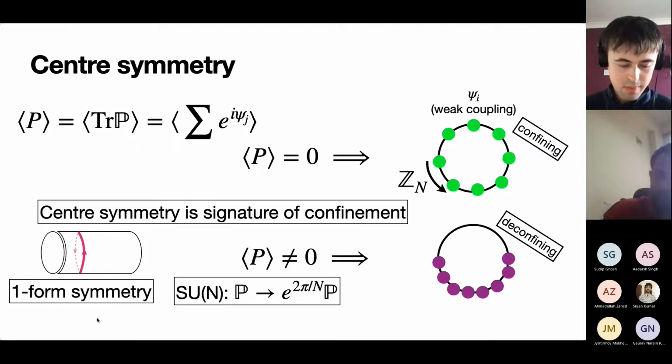Well, it's a consequence that if this property holds, then the Polyakov loop holonomy P will be symmetric under this action.